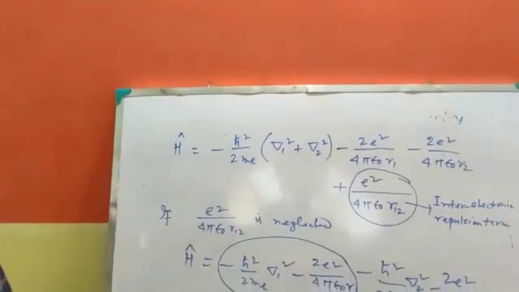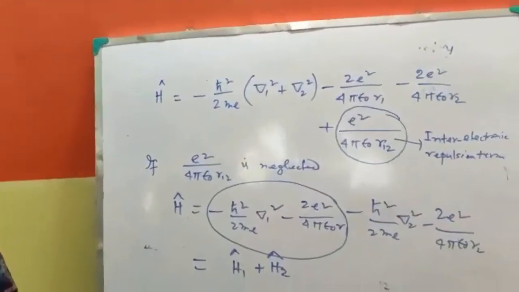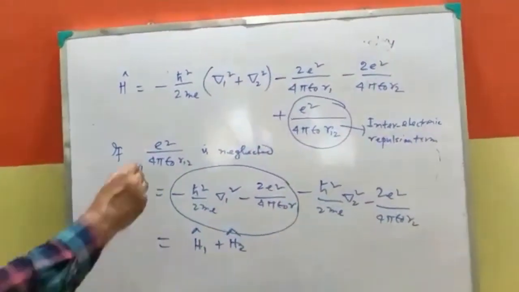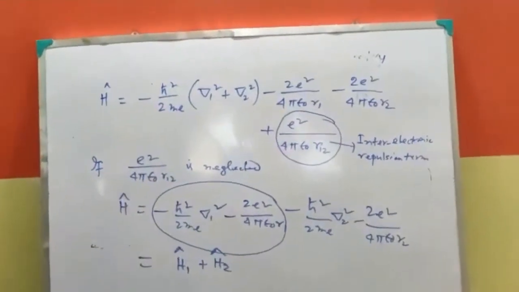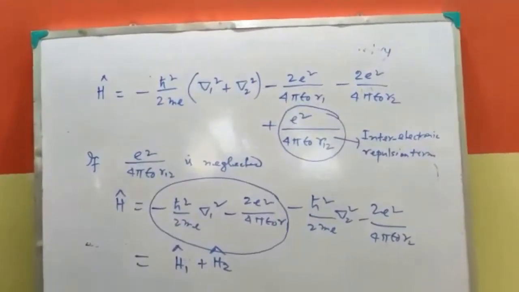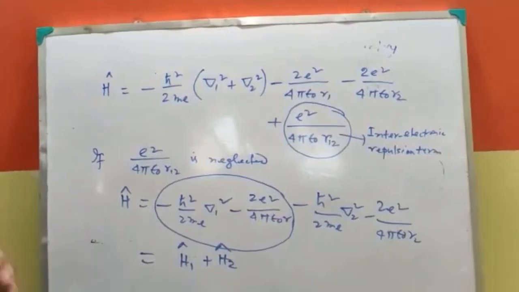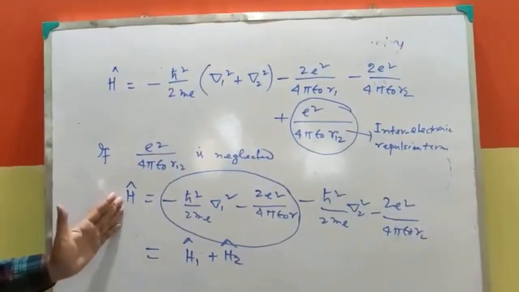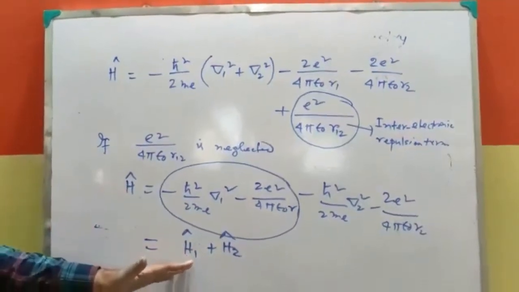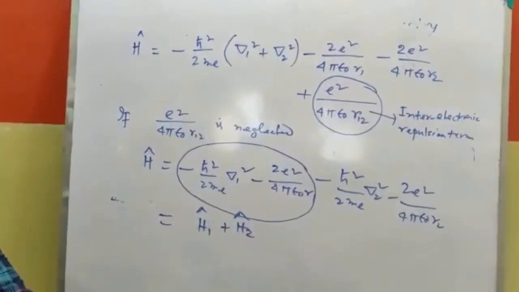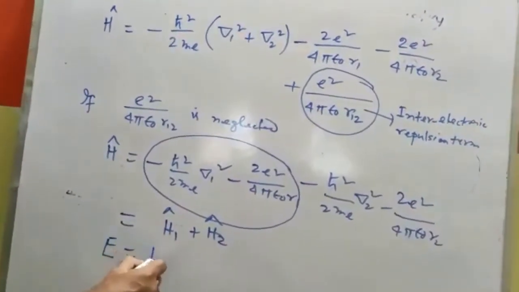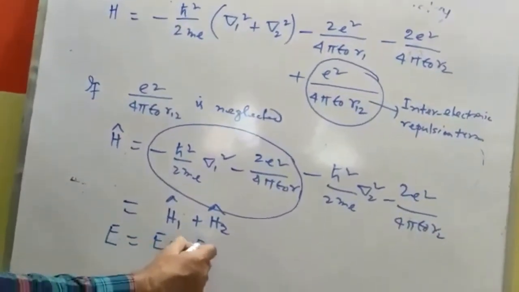Now, what is the problem then? The problem is that if we take this approximation, that means e² by 4πε0 r12 is neglected, then what is the outcome for the energy of the helium system? If the Hamiltonian can be separated into two separate electronic Hamiltonians, the total energy will appear as E1 plus E2.